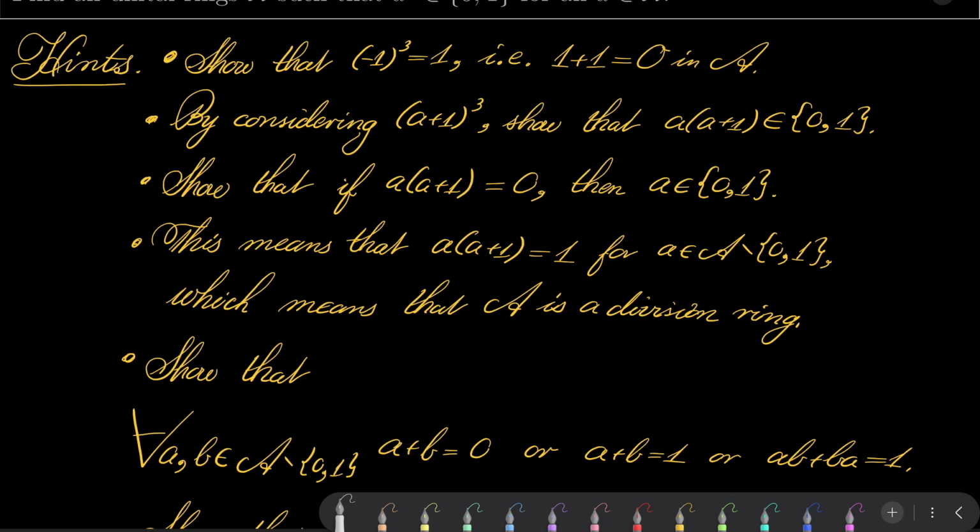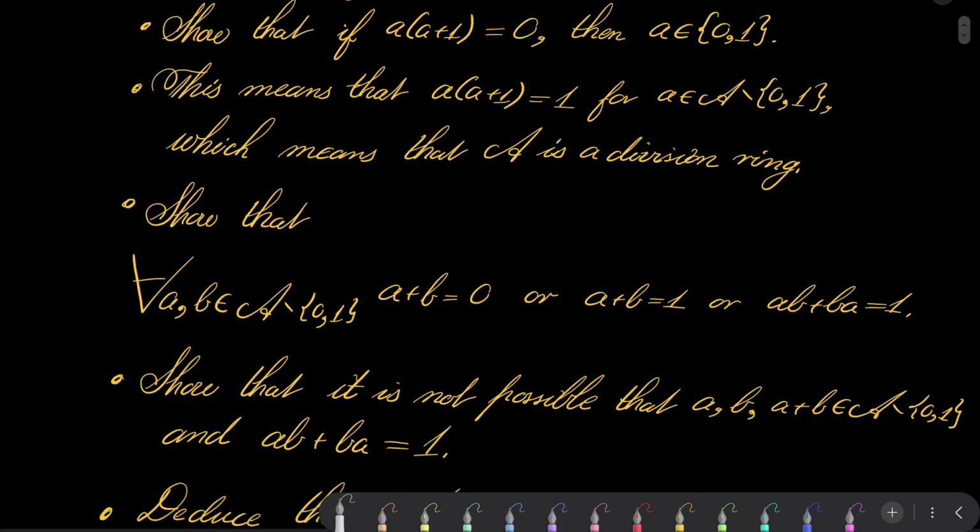Now, show that if a times a plus 1 is 0, then a is either 0 or 1, which means that if a is not 0 and not 1, then a times a plus 1 must equal 1 for all elements a which are not 0 and 1, as I said. Which means that our ring is a division ring, by the way.